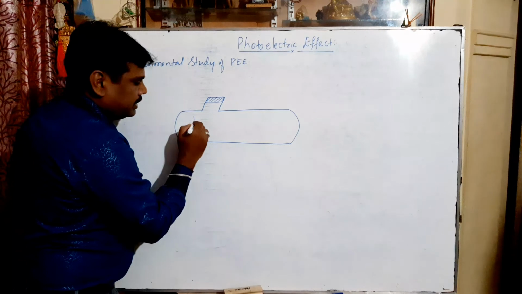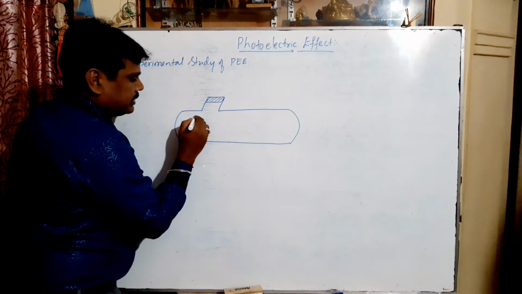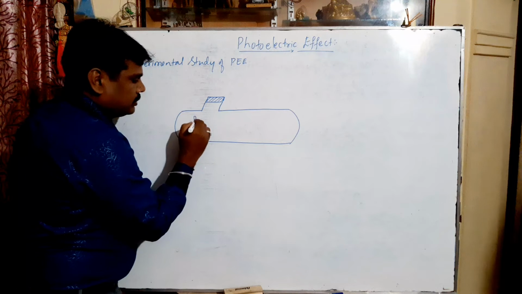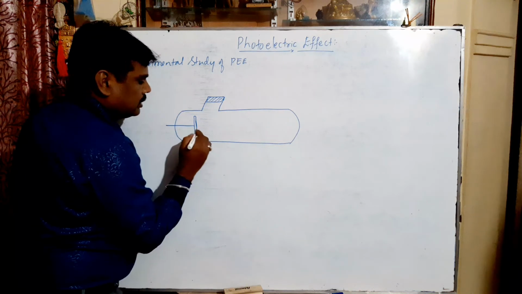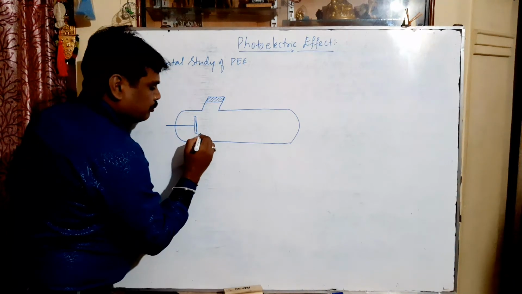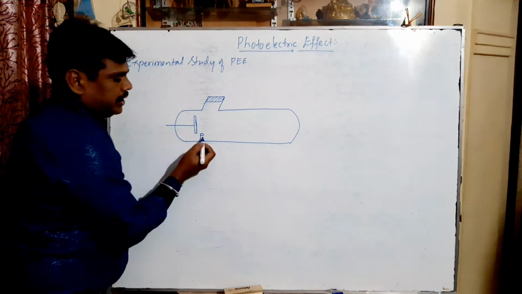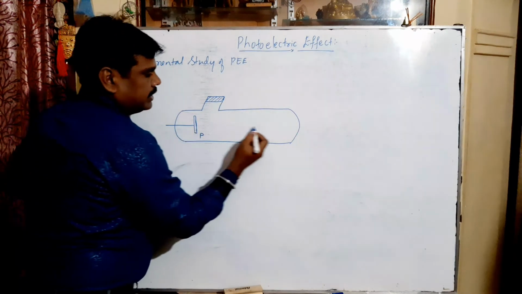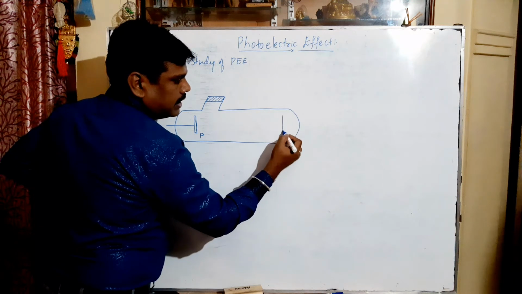Inside the chamber, a photosensitive material is placed. Let us consider this as the photosensitive metal. It is the emitter plate P. At a certain distance, at the other end of the tube, let us consider another plate.